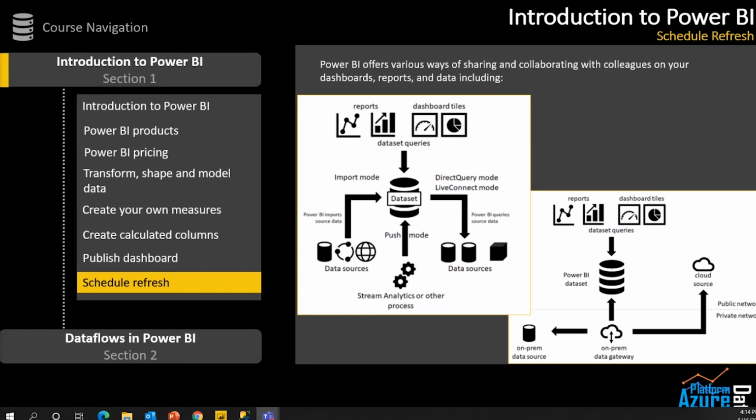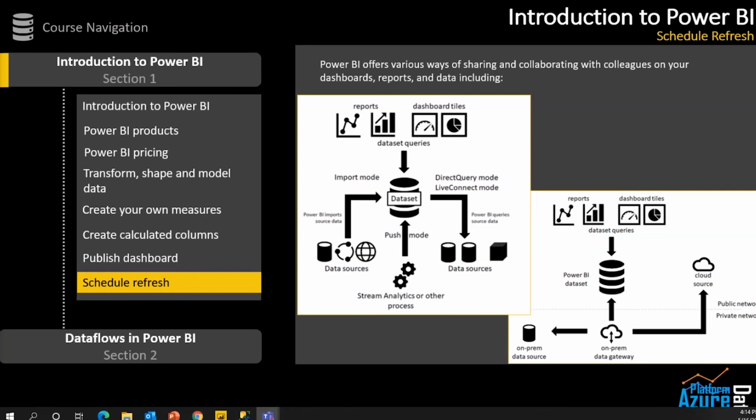Okay, that's why it's important to mention these three modes here, that is, how refresh works. So the first one is import mode, where Power BI imports the source data. As I already told you, in import mode, Power BI will import the source data into Power BI in memory, and so whenever you click on any dashboard or any report, it will happen in memory and it will be faster.